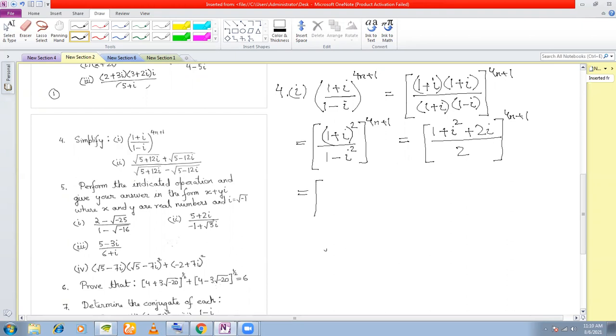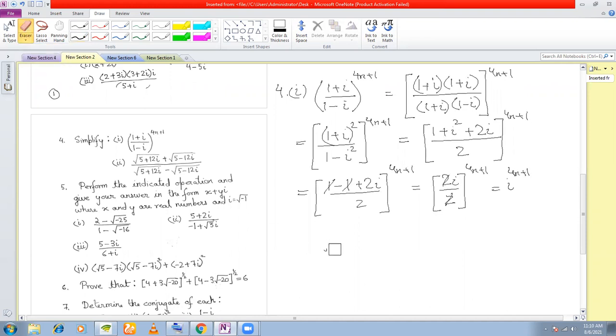Now in the numerator also you put i square is equal to minus 1. You get 1 minus 1, which actually cancels, plus 2i by 2 to the power of 4n plus 1. So this and this cancel. So you simply get 2i by 2 to the power of 4n plus 1. Again 2 and 2 will cancel. You simply get i to the power of 4n plus 1.